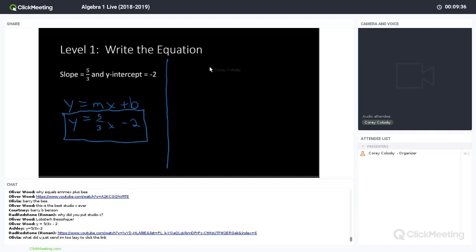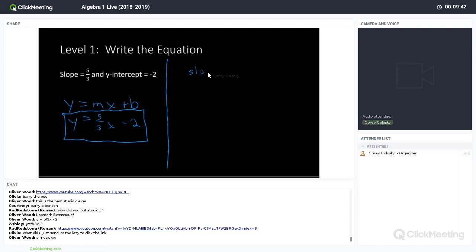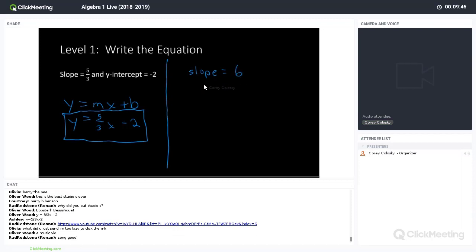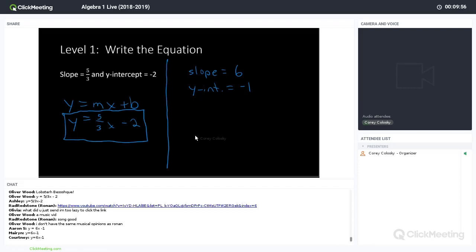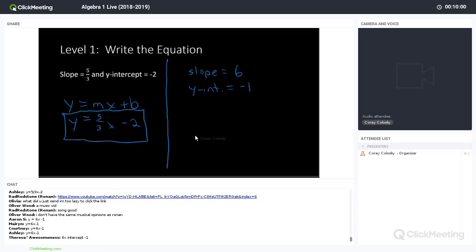Okay, so I'm going to ask you to answer this one on your own, if you can type this into the chat box. If I said the slope is equal to 6 and the y-intercept is equal to, let's say, -1. So class, what would my equation be? Well, you guys are quick. Awesome.